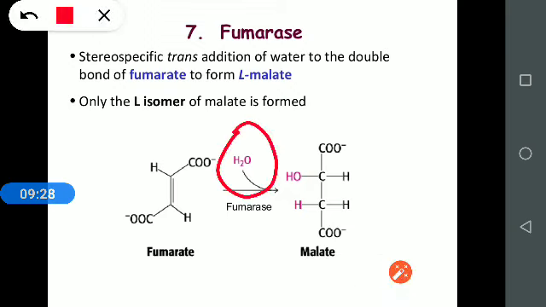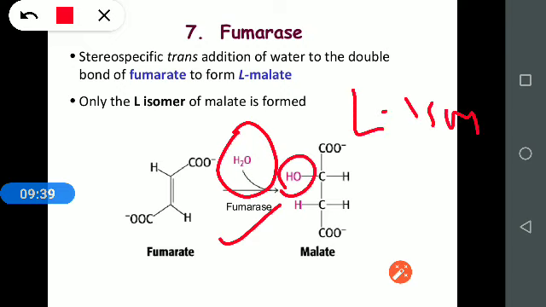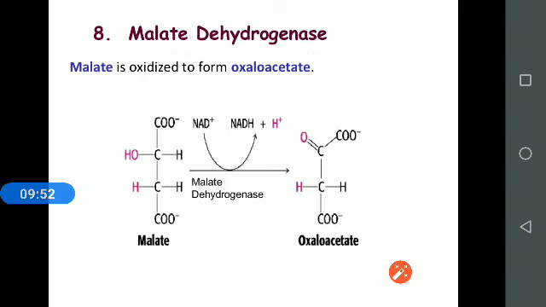So by means of addition of water, in the presence of the enzyme fumarase, fumarate is converting into malate. So this is L-malate, the L-isomer. Here the position is on the left side, that's why it is called the L-isomer. Fumarate will convert into L-malate in the presence of fumarase by the addition of water.